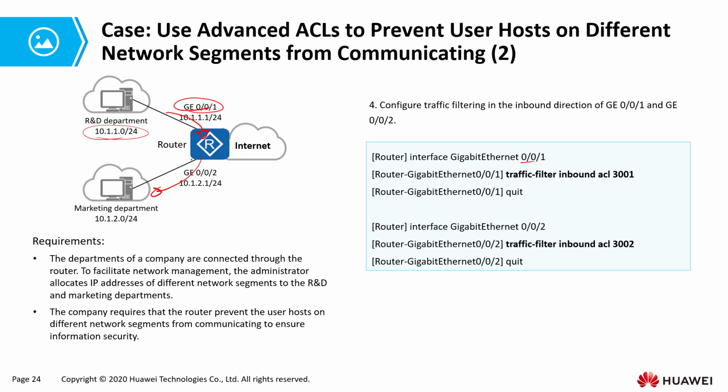And then we shall come right here and again invoke the ACL, applying to the traffic that comes from there as long as it's headed to that direction. That's the purpose of traffic-filter inbound at that interface, and also at this interface, traffic-filter inbound and invoking ACL 3002. So feel free to fire up eNSP and try out these configuration commands.